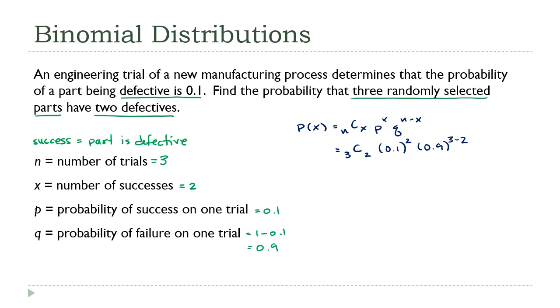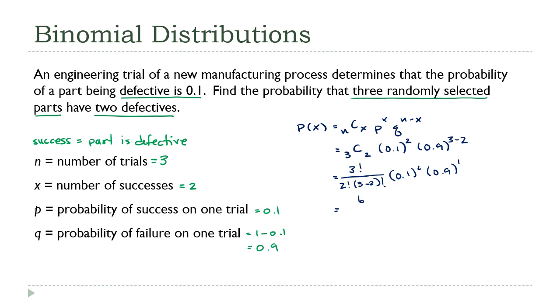All right, so let's see now. I know this combination thing is maybe new to some people, so let's take a closer look at this. This is 3 factorial divided by 2 factorial times 3 minus 2 factorial, times 0.1 squared times 0.9 to the first. And so let's see, the 3 factorial is 3 times 2 times 1.